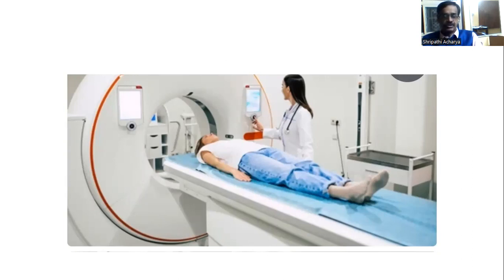As the isotopes emit some radioactive rays, these are detected by the detectors, and the image is got on the computer screen.